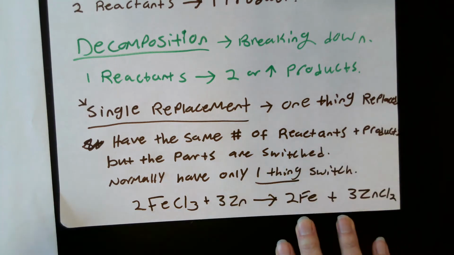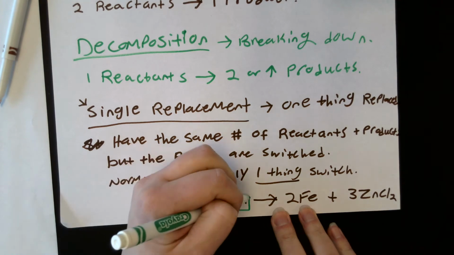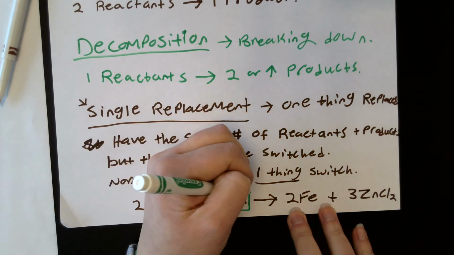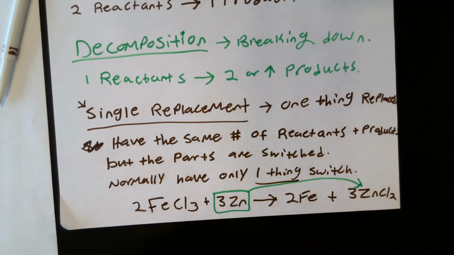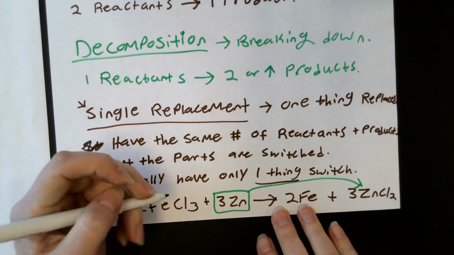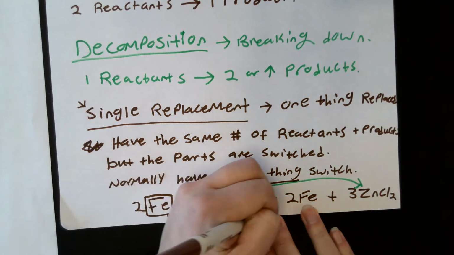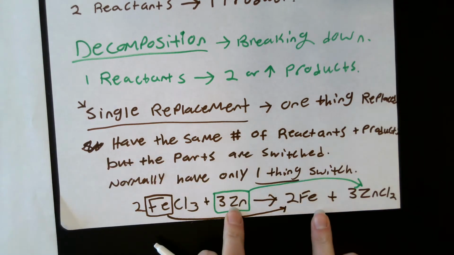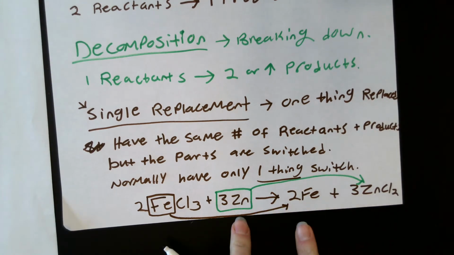Okay, so the thing that was by itself kicks the thing that was there out, so basically zinc and iron switch places. Okay, so that's what single replacement is.